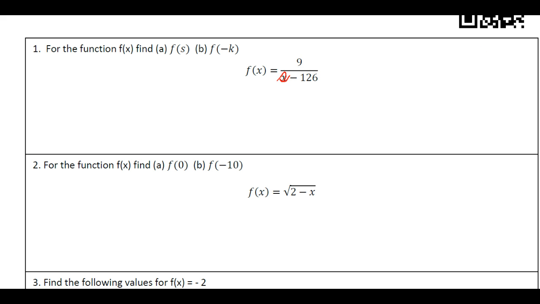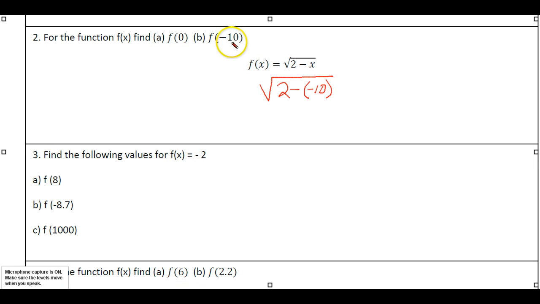Now they also want us to replace it with a -k, so we put a -k where the x is. And it's just that simple. Now for number 2, they're asking us to replace the x with a 0. So right there we put a 0, and then this becomes the square root of 2.